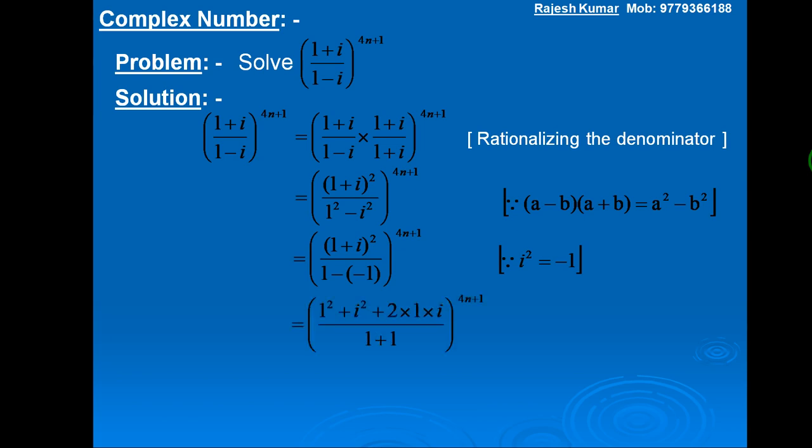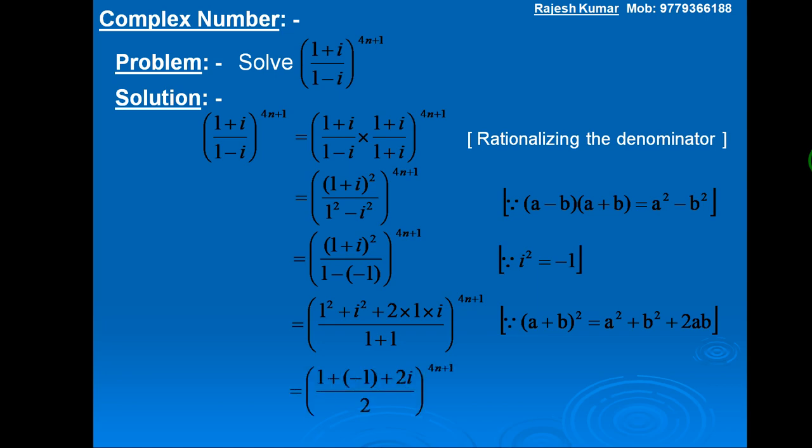Or it is equal to, in the numerator 1 square plus iota square plus 2 into 1 into iota, because (a plus b) whole square is equal to a square plus b square plus 2ab, and in this case a is equal to 1 and b is equal to iota, and in the denominator minus into minus becomes plus, so we get in the numerator 1 plus 1 and whole power 4n plus 1.